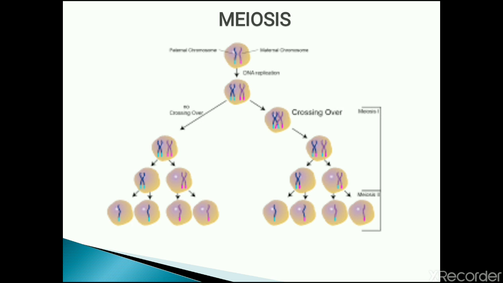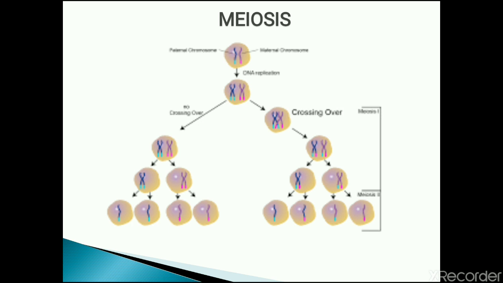So why is it required? Children, as you know, in the sexual reproduction, the fusion of male gamete takes place with the female gamete, resulting in the formation of zygote, which is the new individual.